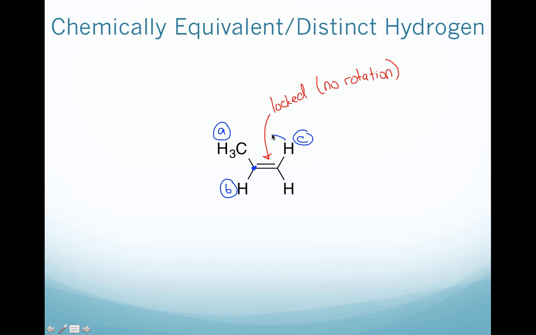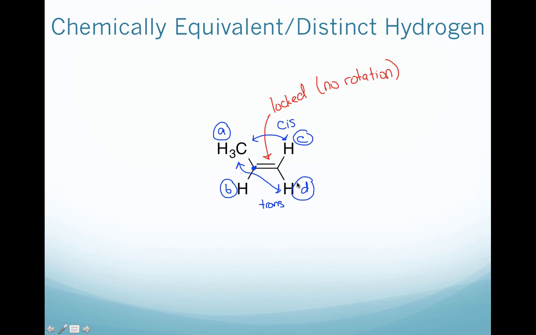And proton C is and always will be cis to the methyl. But this proton on the bottom, we're going to label that as D because it's trans to the methyl. And it always will be.